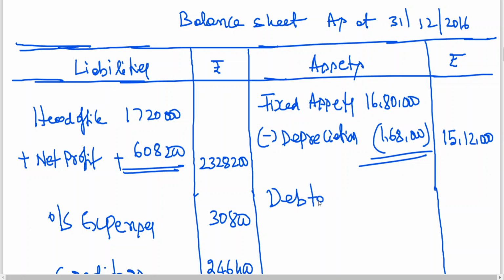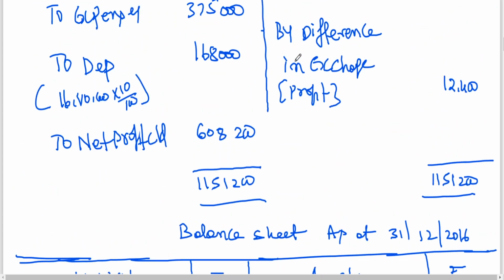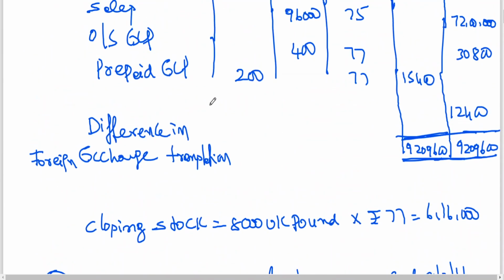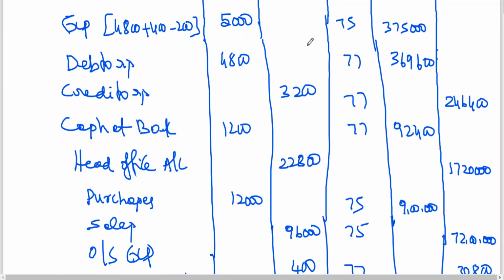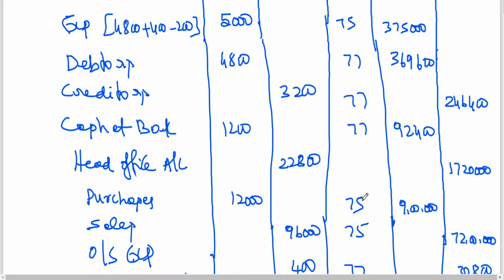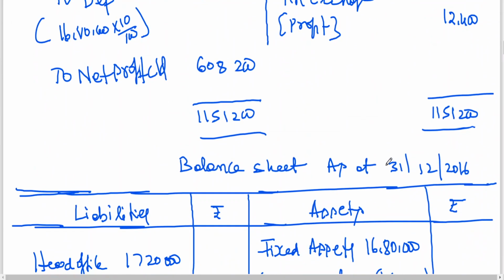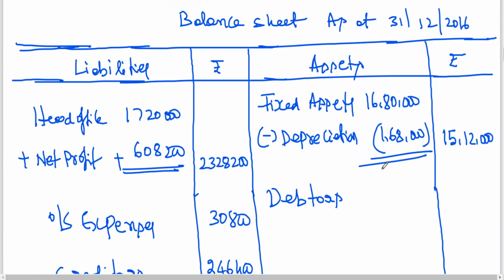Debtors. Debtors we have calculated already, from the trial balance. Debtors 3,69,600 to be taken. Prepaid expenses to be taken 15,400, and then cash at bank, and then closing stock is to be taken. So let me write those values here. Debtors 3,69,600.